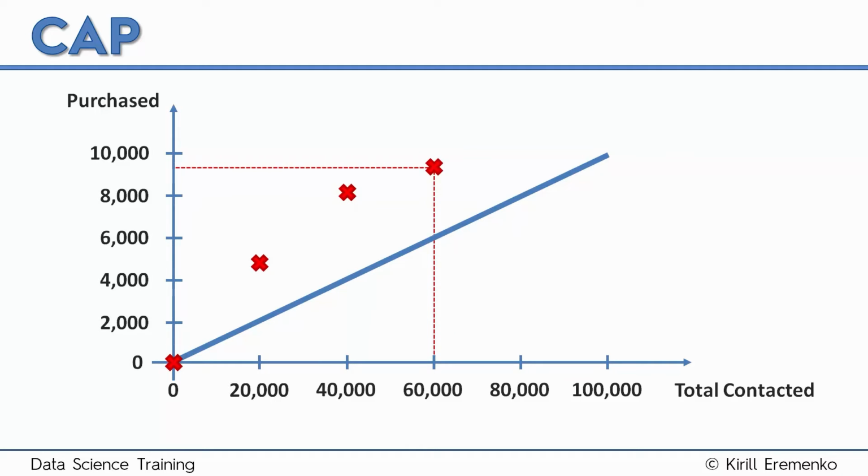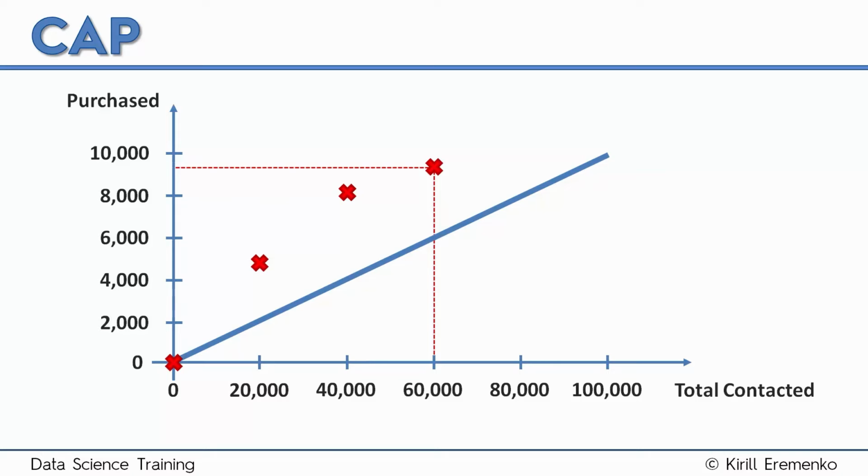If our model is really good, then by the time we're at around 60,000, so just over half of our total customer base, we're already getting to that 10,000 mark. So we know that 10,000 people will respond in total. There's no way we can get above that, because that's just the response rate. If we contact everybody, it'll be 10,000.